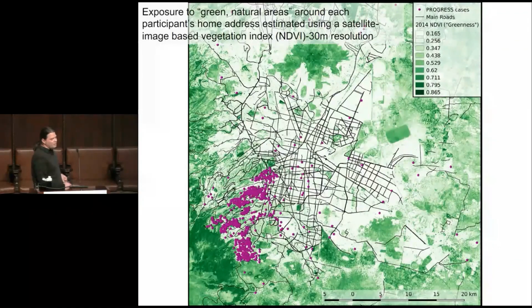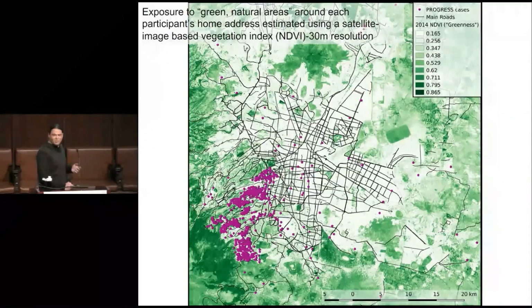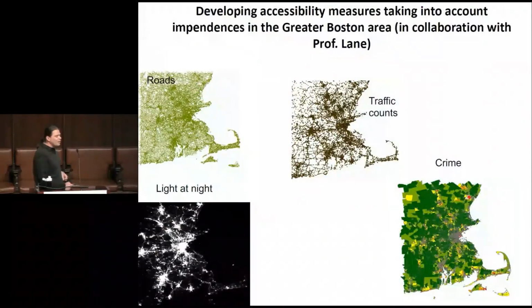Of course, we do a lot of greenness or NDVI analysis using different satellites, and I think Kevin will discuss some of his work on that. We're developing accessibility measures, taking into account impedances.